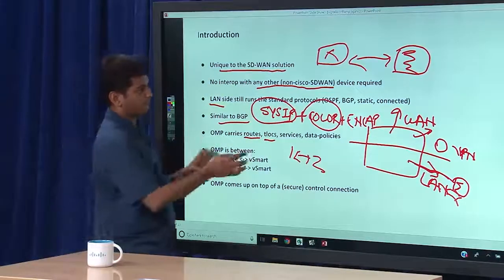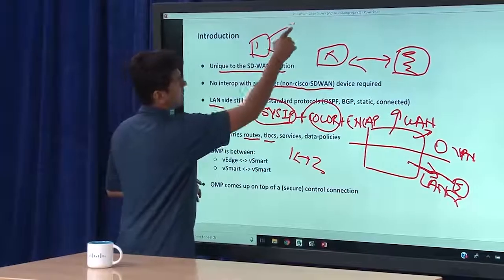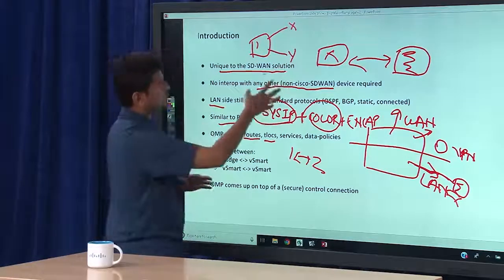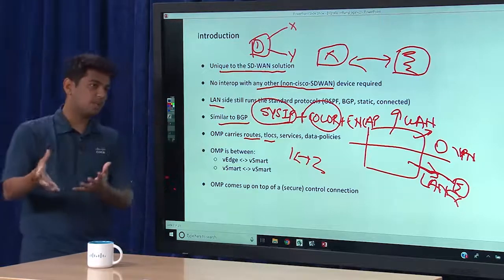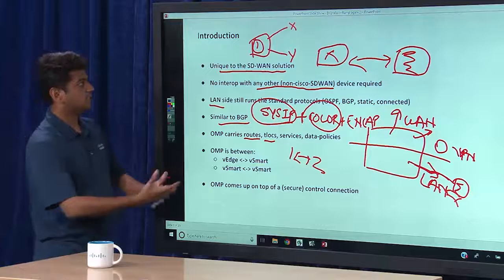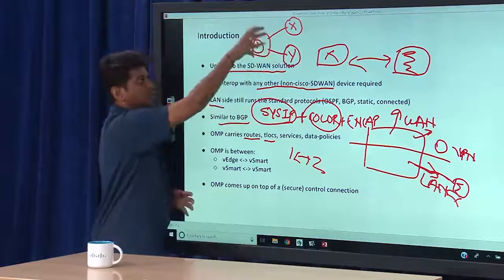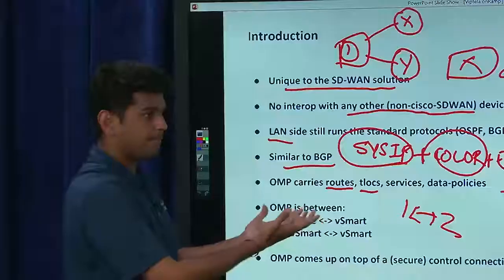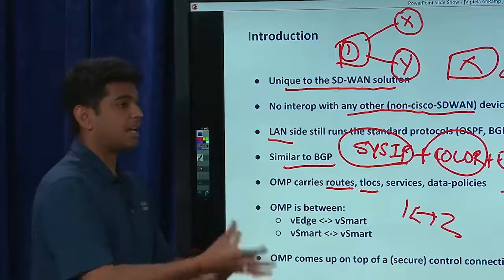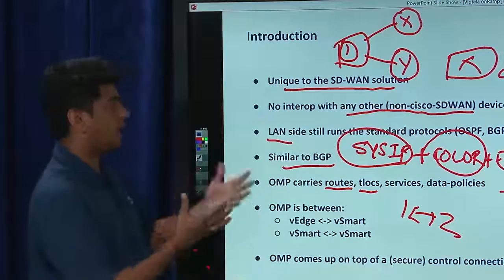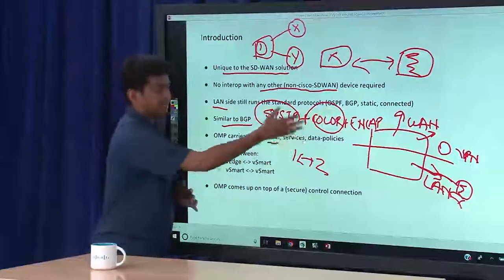So a WAN interface on a vEdge having color X and color Y. With the system IP, you will be able to identify, this is my edge device 1, be it a vEdge or a cEdge. And then using the colors, you will be able to identify, this is my actual WAN interface X or Y. So by this, there cannot be 2 same colors on a particular edge device.